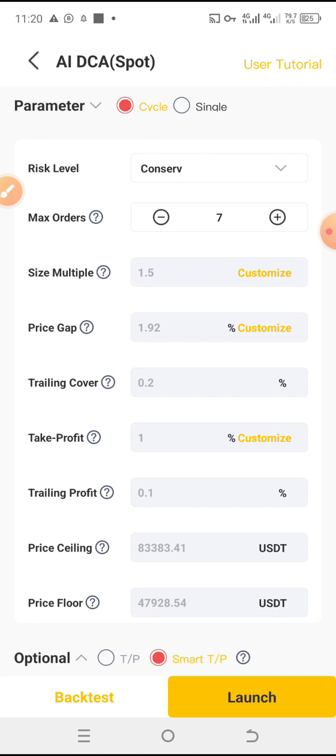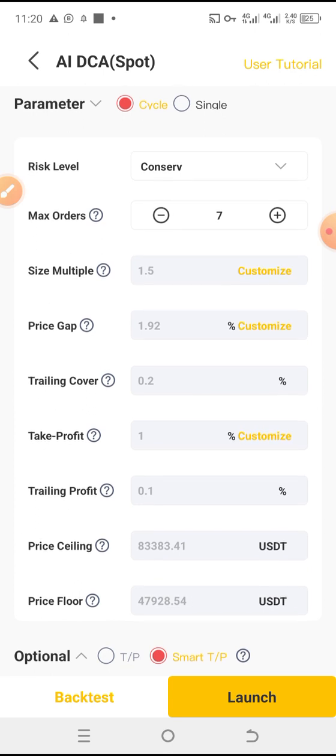So that's take profit. Then trailing cover. Okay, now the same thing here is like the profit. Let's explain it.